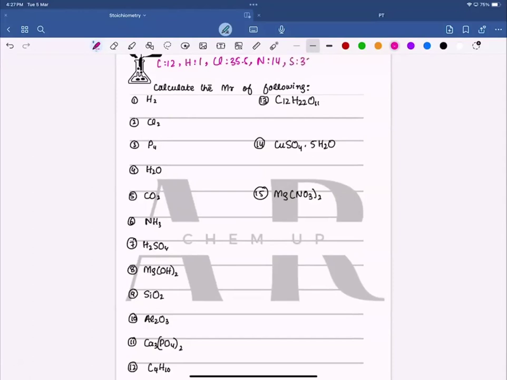Sulfur is 32. Silicon is 28. Phosphorus is 31. Magnesium is 24. Aluminium is 27. Calcium is 40. What else is left? Oxygen 16.